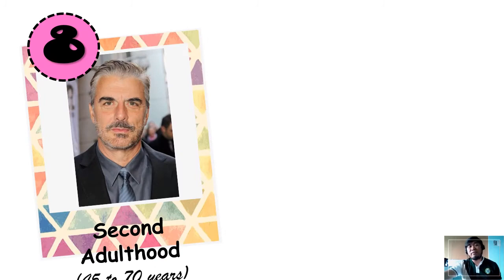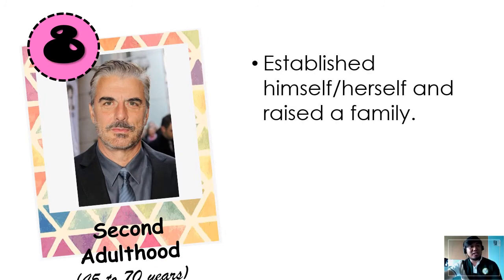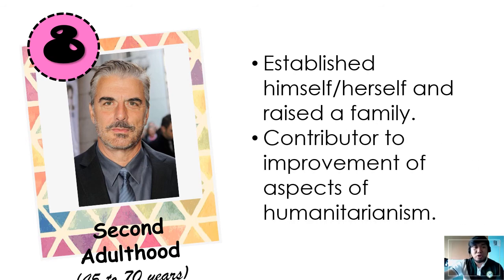So the second adulthood, 45 to 70 years old. A person in this stage is expected to have raised his or her own family, established himself or herself in his or her undertaking, and has become a contributor to the improvement of humanity by volunteerism, advisorship, and others.